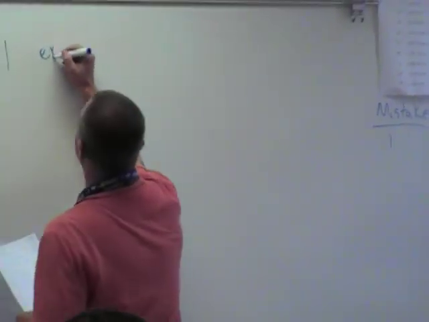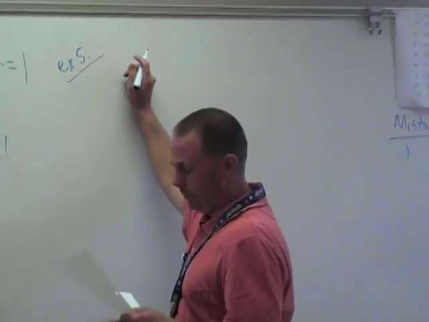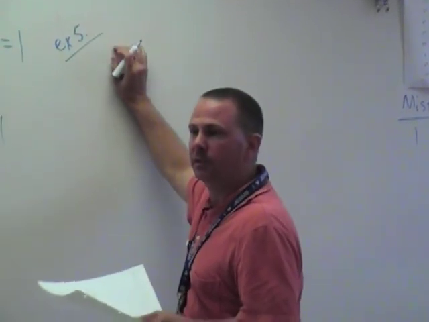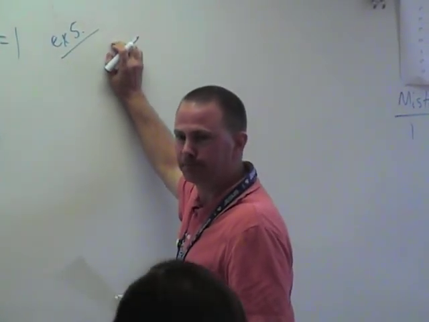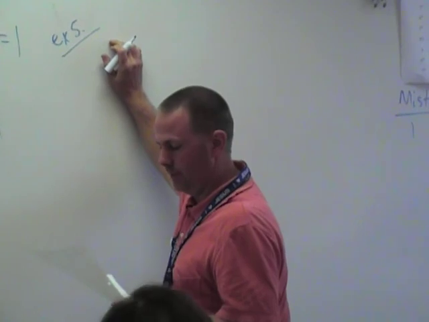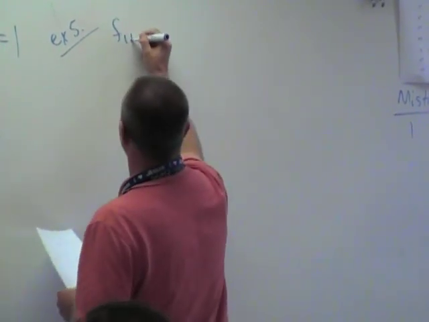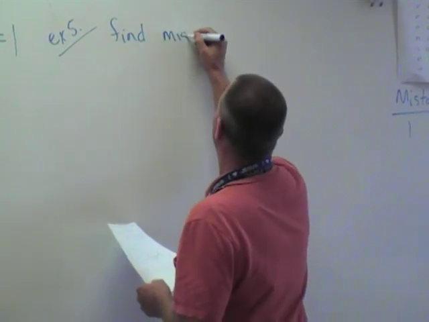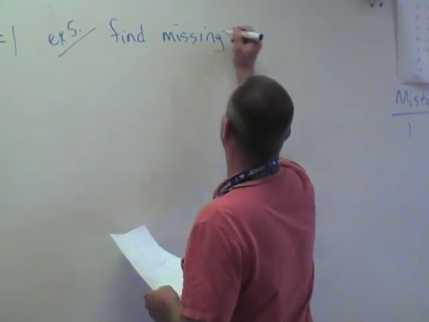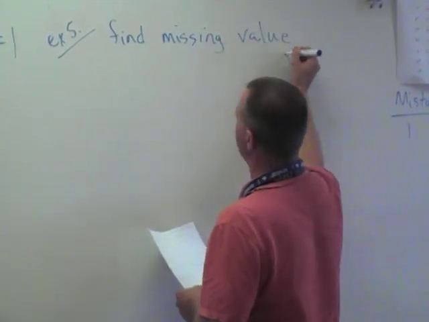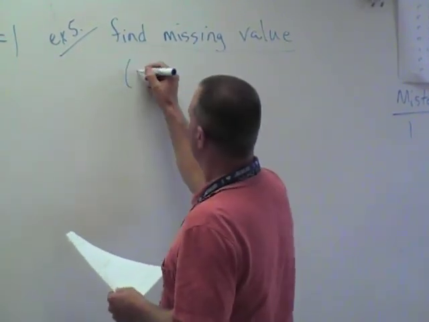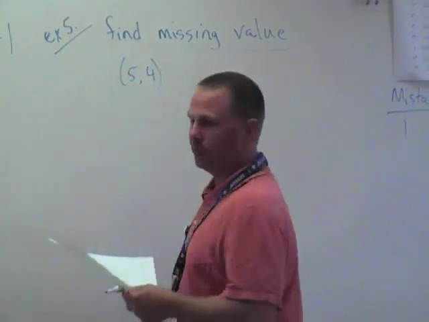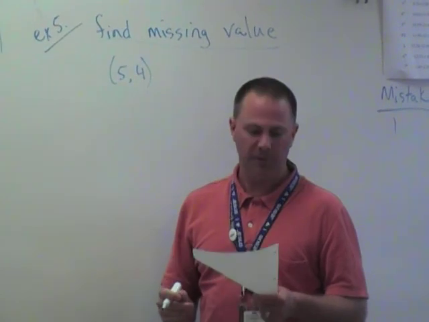Example 5. Aren't you always glad when we get to the last couple and you think you know everything? Find. That's always a wonderful word for students. Find the missing value. Welcome to algebra. Here's a point, 5, 4. Simple enough.